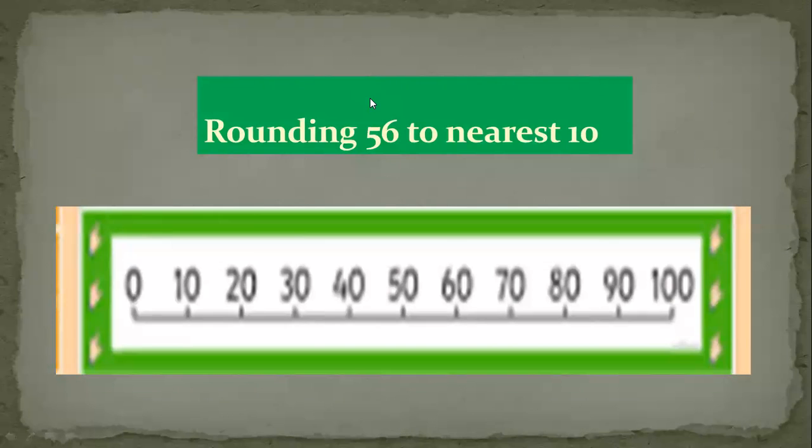We are going to round it between 50 and 60. If the ones digit is more than 5, we are going to round it to the next number.